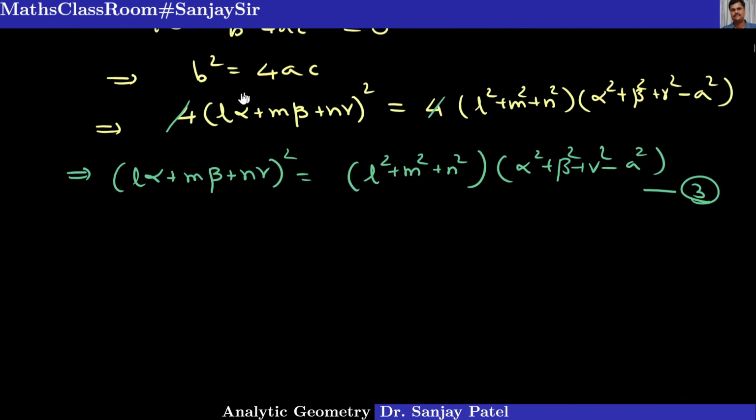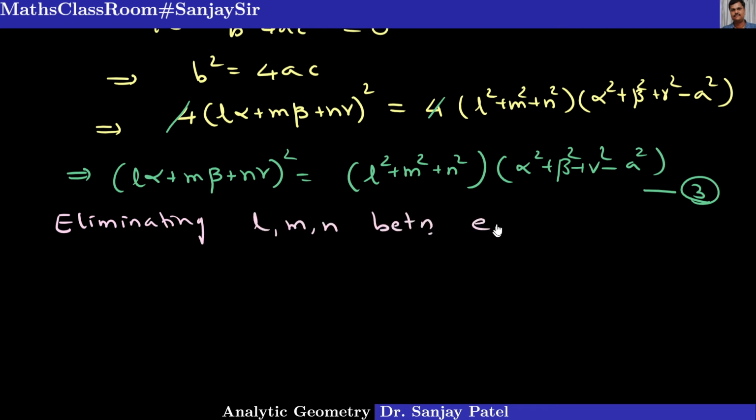So eliminating L, M and N between equation number 1 and 3, we replace L, M and N respectively by x minus alpha, y minus beta and z minus gamma in equation 3.